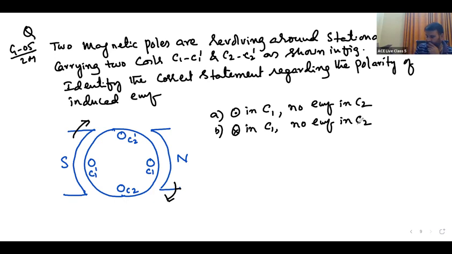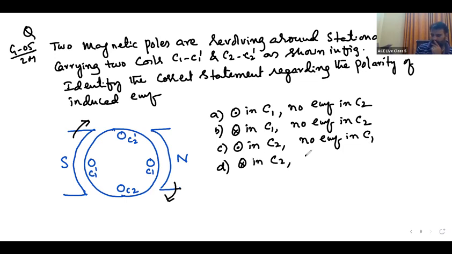C, dot in C2, no EMF in C1. D, cross in C2, no EMF in C1. What is your answer?